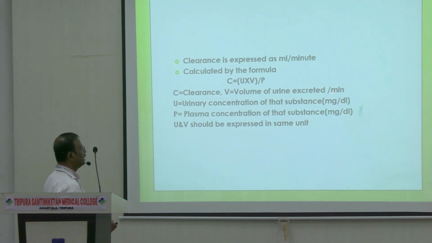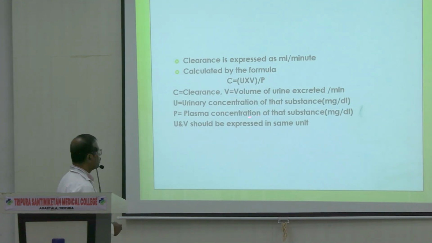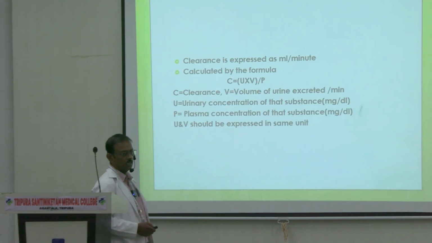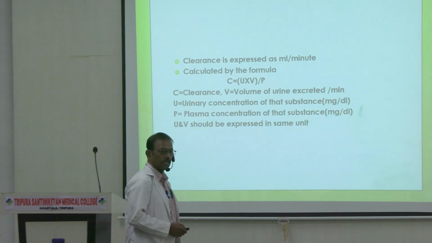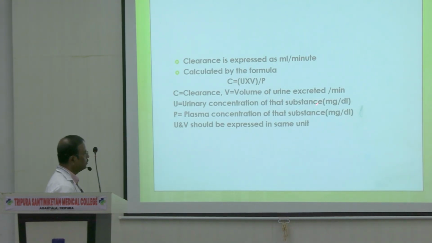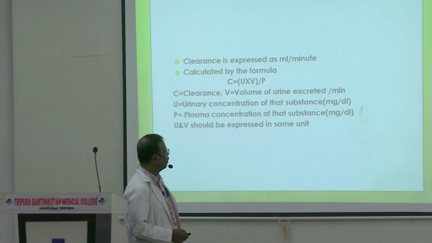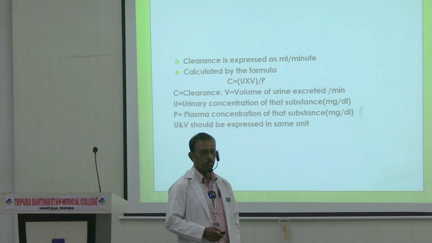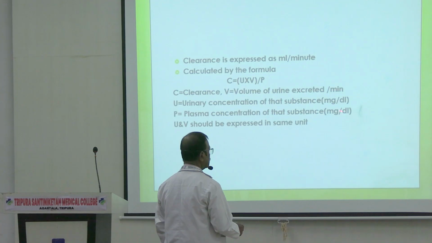Volume of urine excreted in 1 minute. P is plasma concentration of that substance in milligram per deciliter. Remember, the substance of interest should be expressed in same unit, either in milligram per deciliter or millimole per liter. Both should be in same unit.